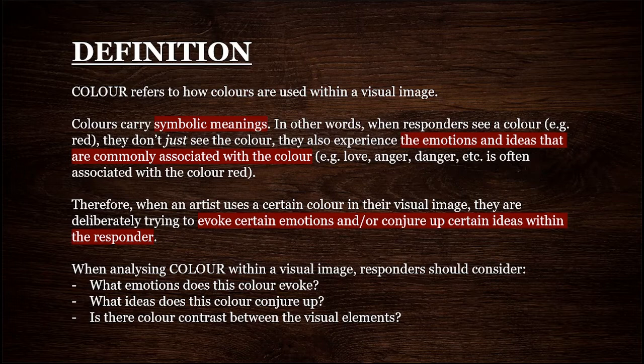It's something that we all share. Some cultures might interpret certain colors differently, but we're not going to touch upon that today. Just keep in mind that when we see a color, we don't just see the color; we also see everything that is associated with that color.